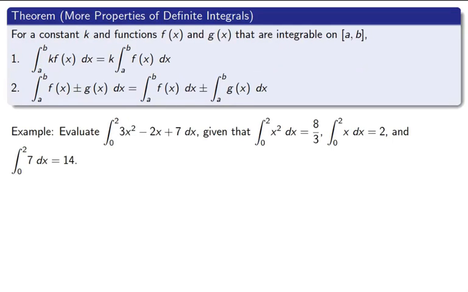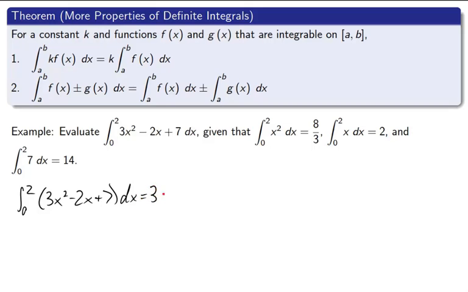A couple other properties. It turns out, simply put, that the integral has the same properties as a definite integral as it did with an indefinite integral. You can bring constants in front, and you can split them across sums and differences. Let me just start out immediately by taking this example and splitting it into three parts.